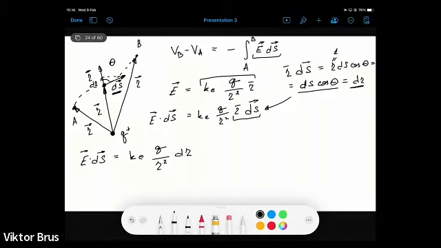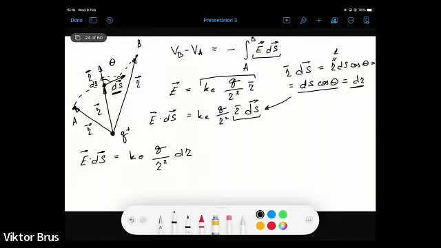Now we can do some integration already and define how potential difference will be dependent on distance r from our point charge q.